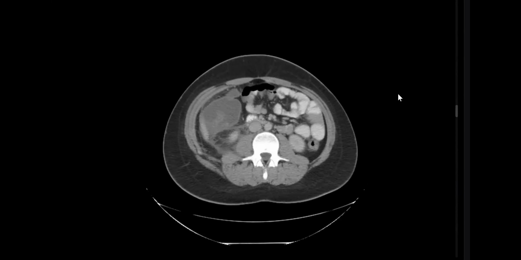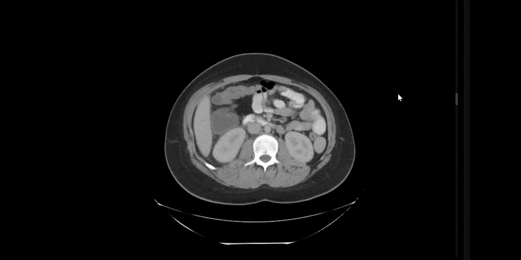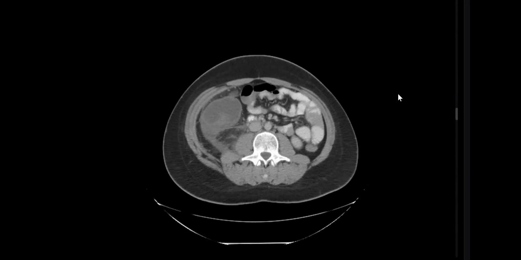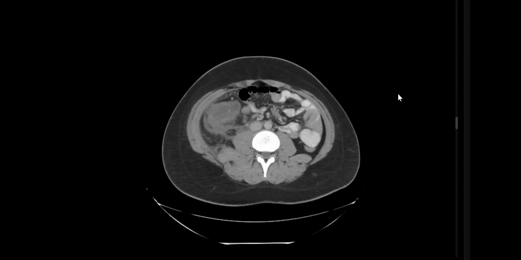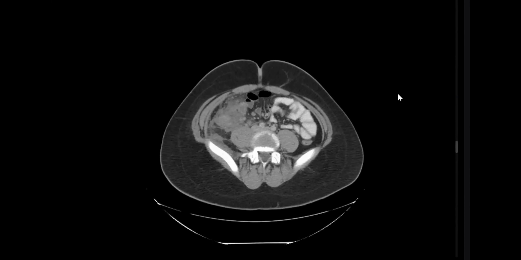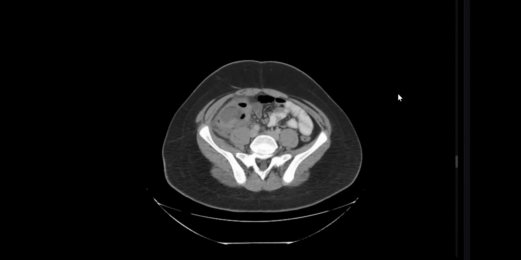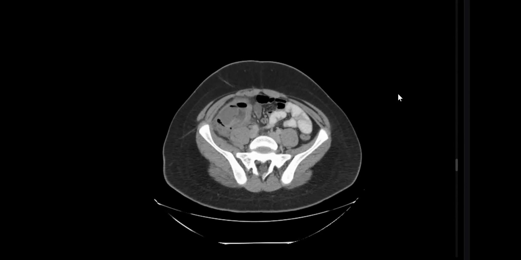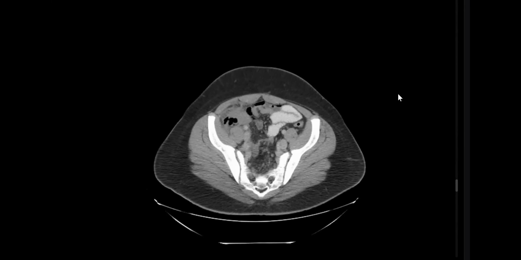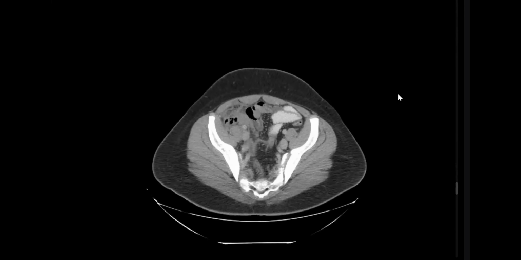Now I'm trying to look. There is a peripherally enhancing collection seen in the subhepatic location. It's scrolling, but it's taking a bit of time. Show me this collection.